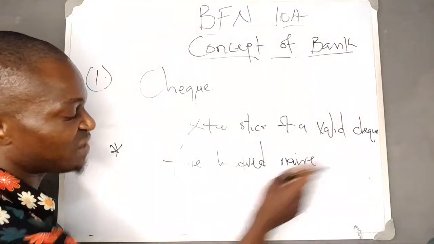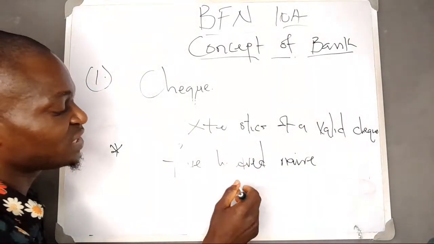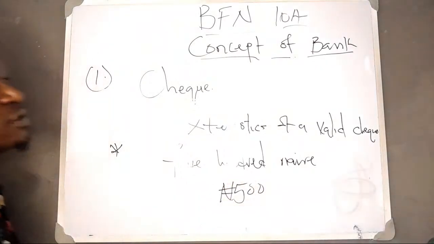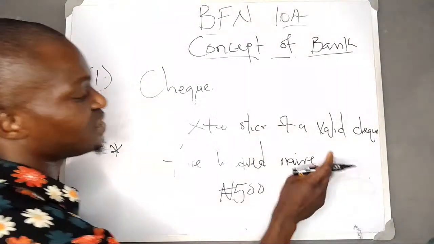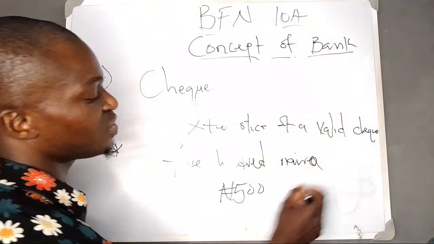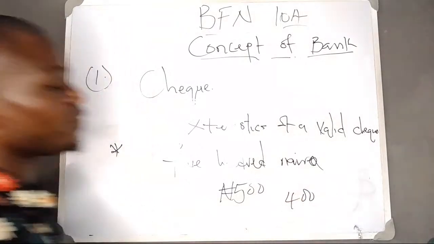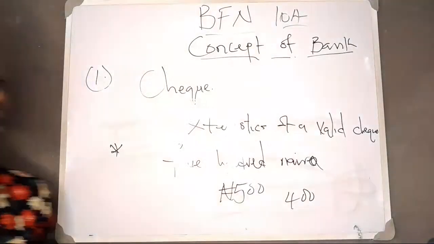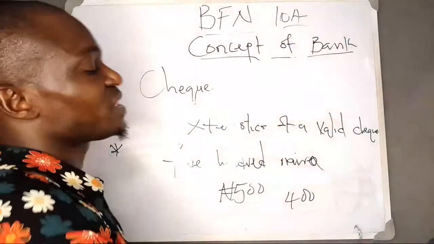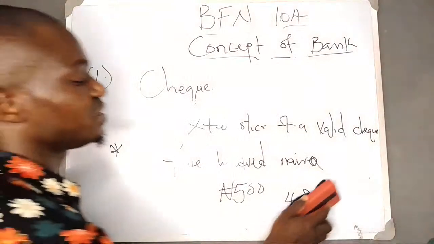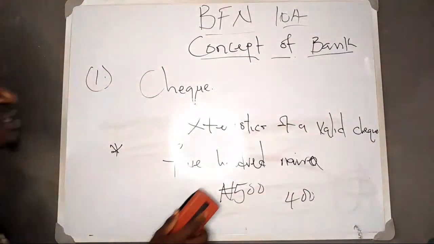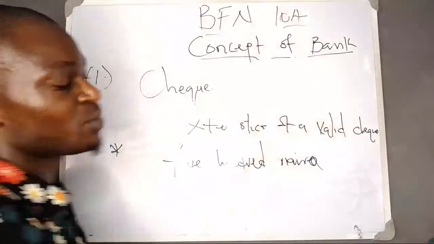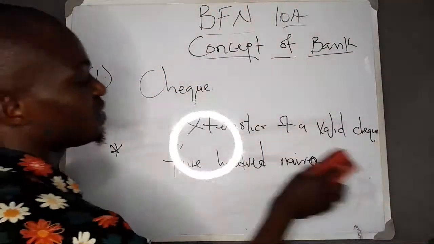For instance, when this is 500 naira, then the amount written in figure must be 500 naira. You cannot write 500 naira in words and at the same time write 400 naira in figure. Then the bank will not accept this type of check, and it will be termed invalid. So one of the characteristics of a valid check is that the amount in figure must correspond with the amount in words.